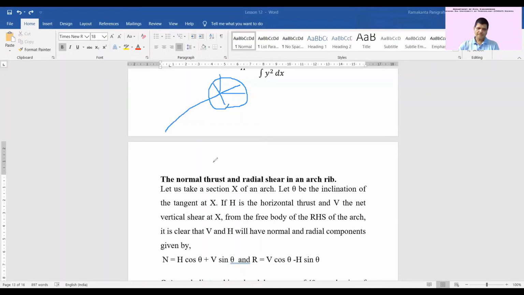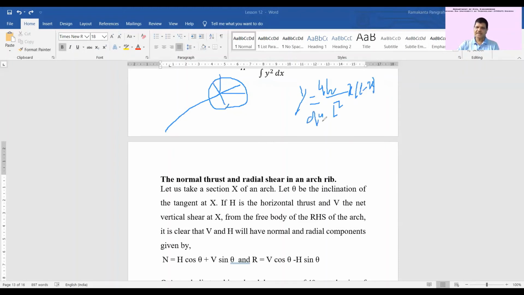This was already taught in Analysis 1: if you take a section at x, let theta be the inclination, that is tan theta. You can find the value of tan theta, because once you find tan theta, you can find the value of theta. How to find tan theta? Your y is equal to 4h by L square into x into L minus x, and then you can find dy by dx.